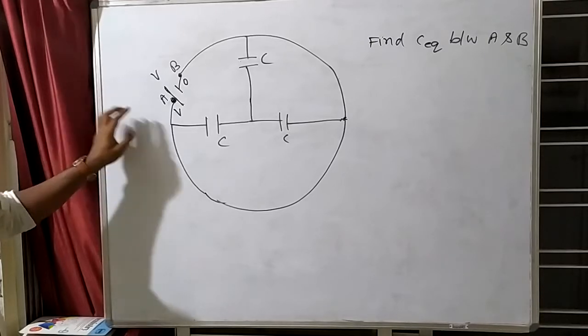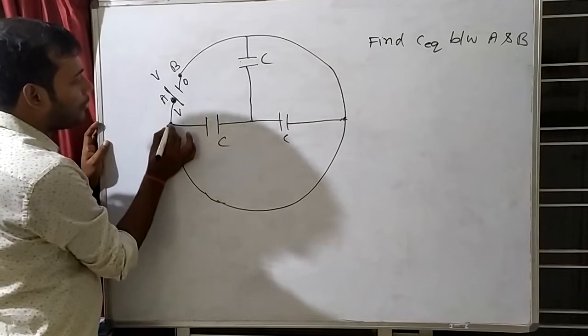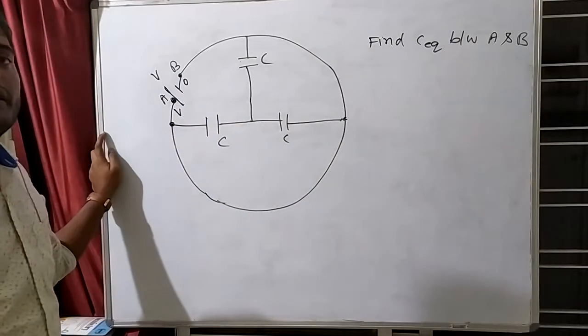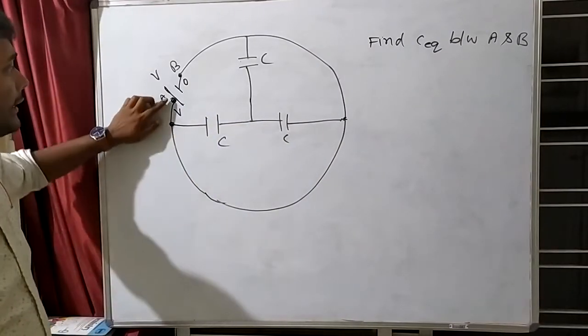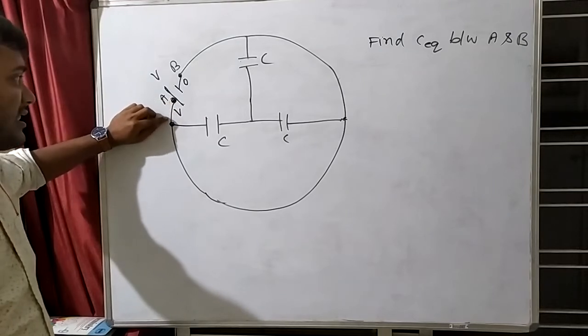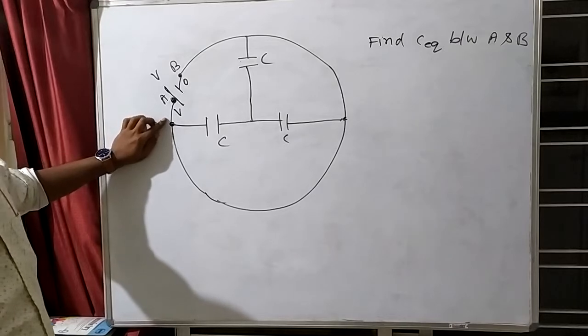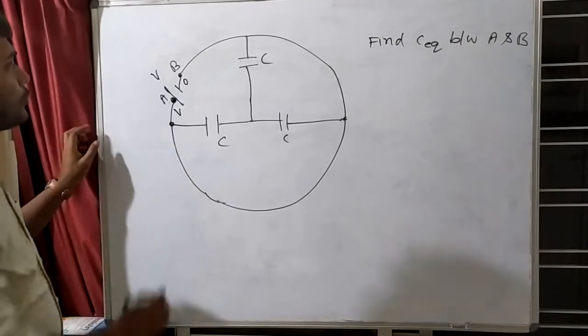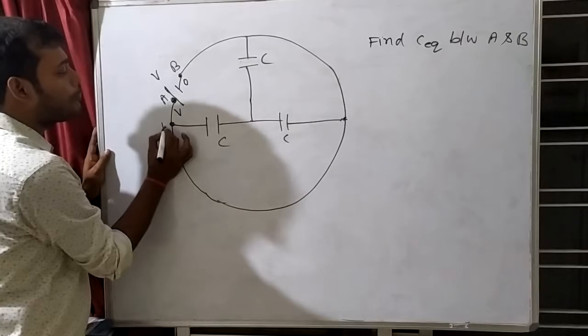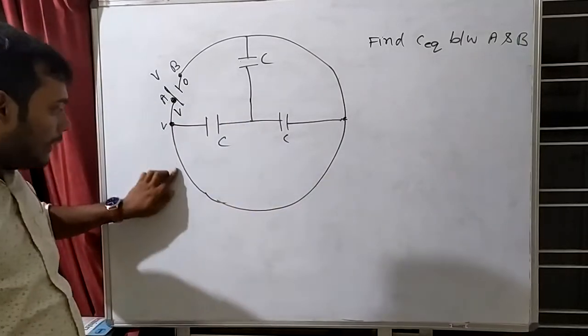Okay. Now if this point's potential is V volt, what will be the potential of this point? Tell me firstly. Is there any capacitor or resistance connected in this wire? No. In this wire there is no capacitor or resistance, so the same potential will come here. So this point's potential will also be V volt. Now see this wire.